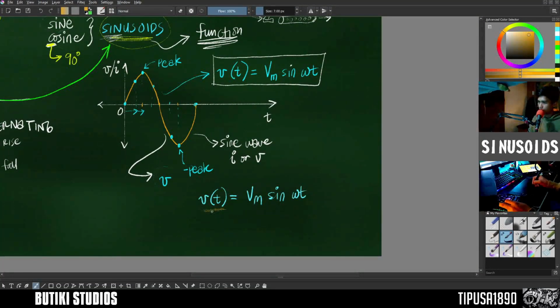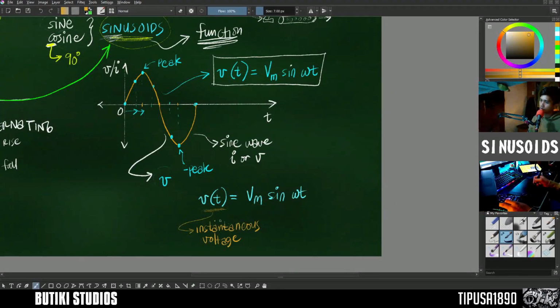Kani v of t diri, that is what you call instantaneous voltage. Voltage siya if voltage, but if current, pwede ra gyapon, current ra pud siya.